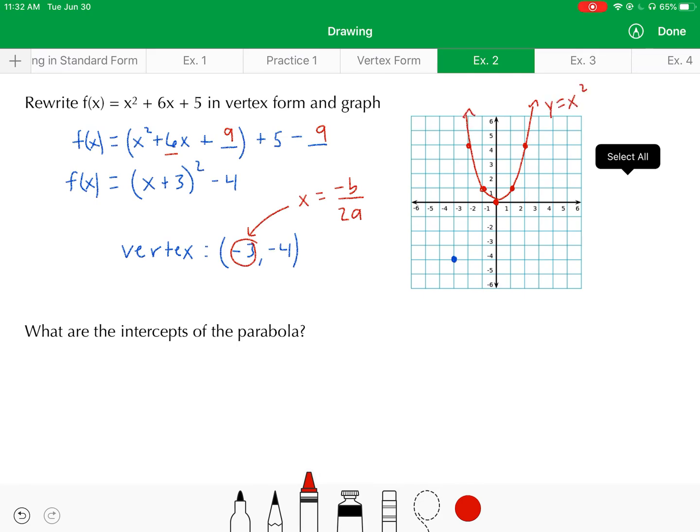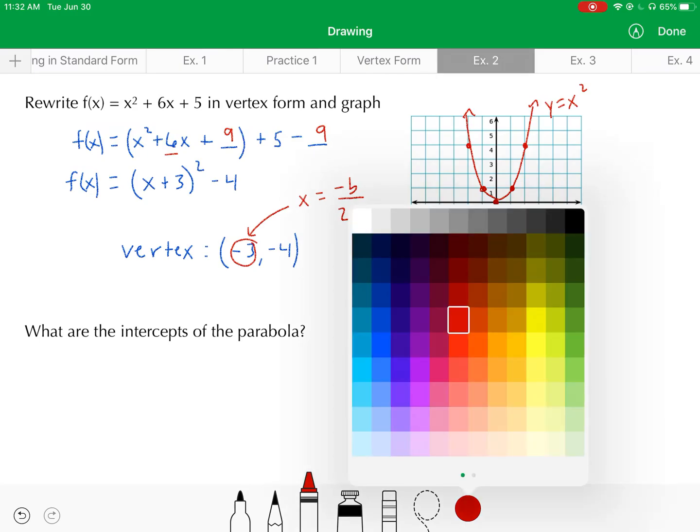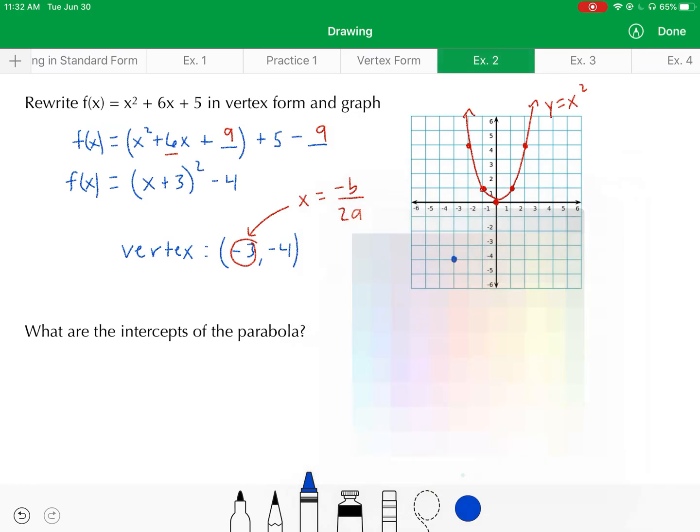Okay, well, if I change that equation to y equals x plus 3 squared subtracted by 4, the only thing that's going to happen to my red curve here is it's going to shift the 3 units to the left and the 4 units down, okay? There's no vertical or horizontal stretches or compressions taking place here.